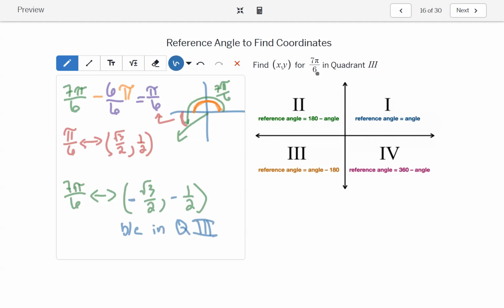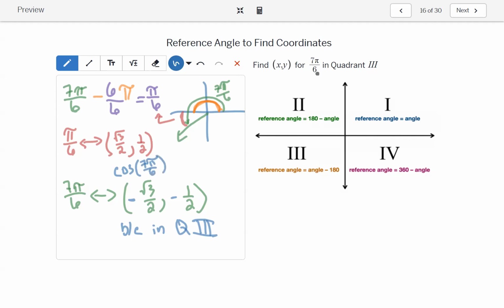Now, you're not going to have to do this particular thing on the exam. And in the future, you'll actually have the unit circle, so you'll have this information readily available. But remember, when we look at these coordinate pairs, the cosine of this angle, 7 pi over 6, is going to evaluate to be negative square root of 3 over 2. And the sine of that angle is going to be negative 1/2. So let me sneak that in above.